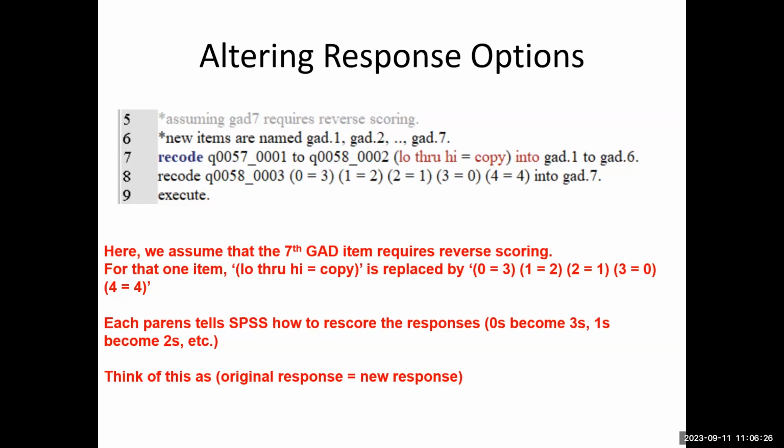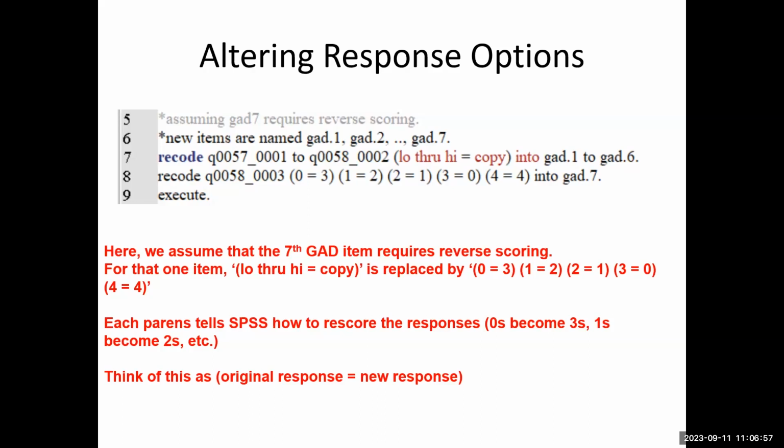The first recode statement is the same as from a couple slides back. And now we're going to say, okay, use this recode to act on the first 6 items and just copy the response options into these new items, GAD.1 to GAD.6. And then the second recode statement gives the original item in question.